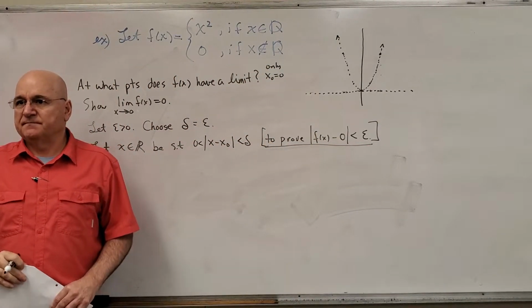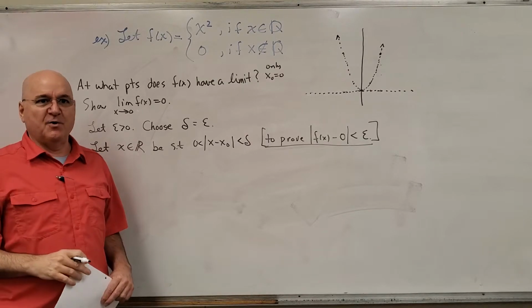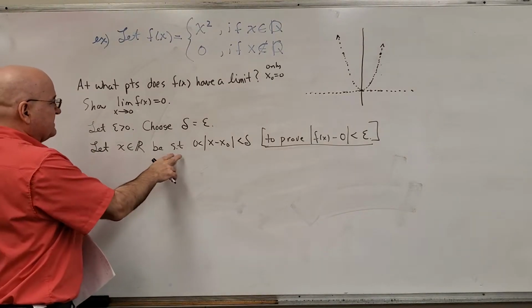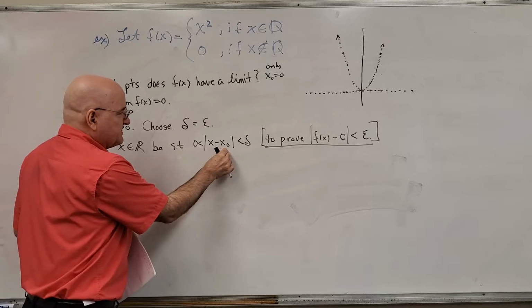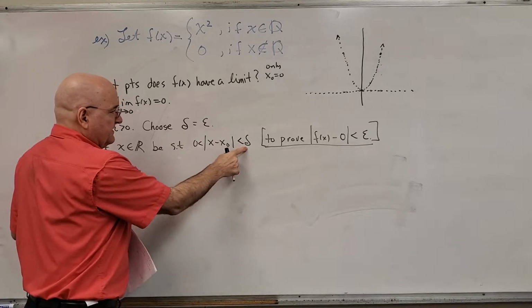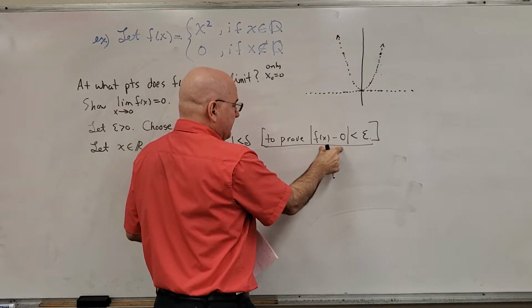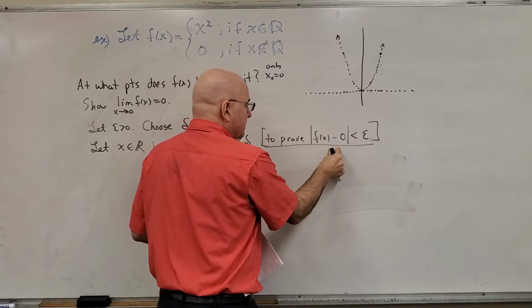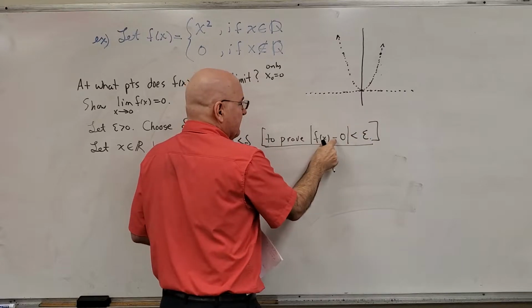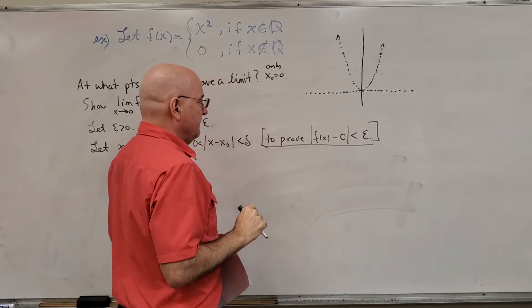That's just telling the reader of this proof where we're going. So let x be close to x naught within delta, and we're going to have to prove that f of x minus the limit, which we're showing is 0, that's, in other words, f of x is within epsilon of 0.